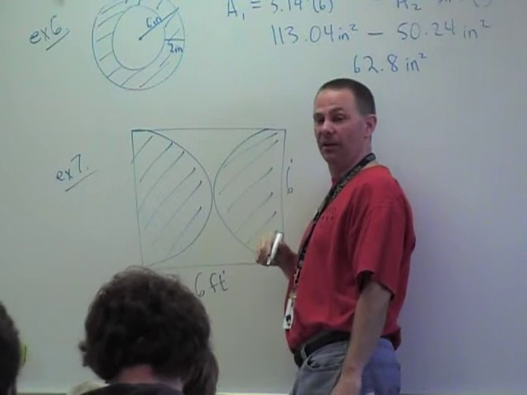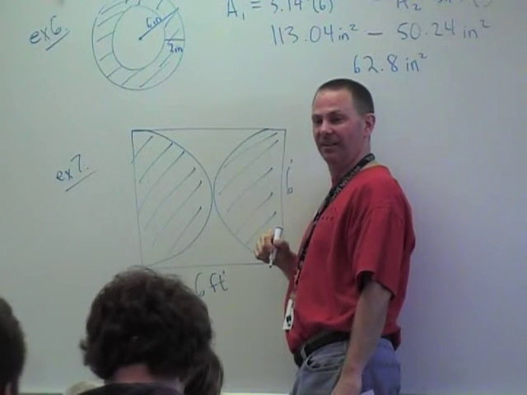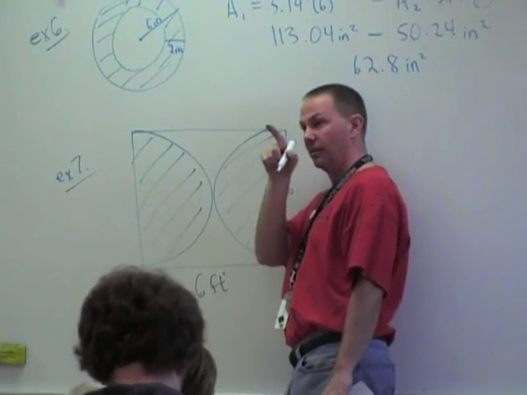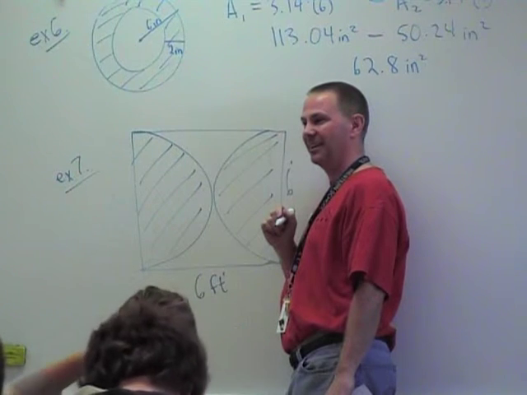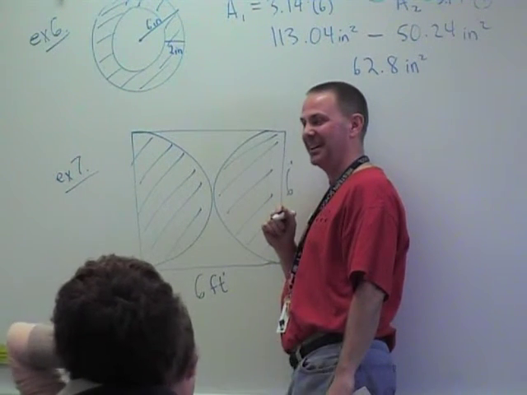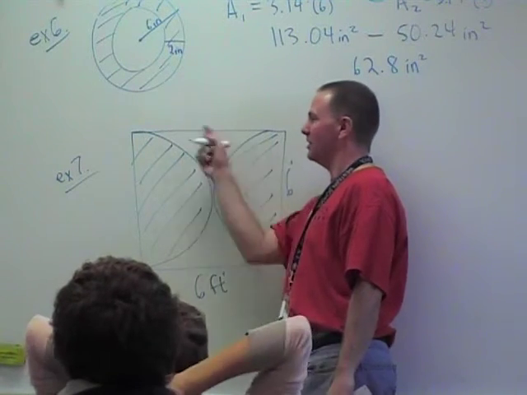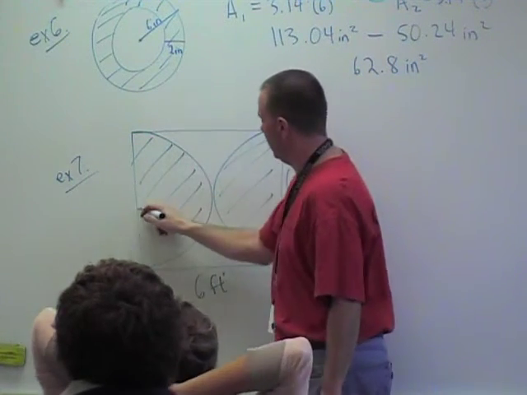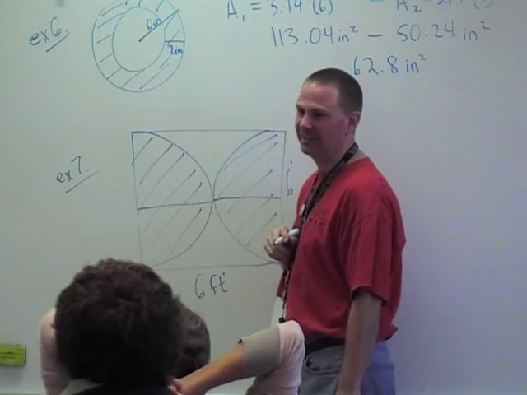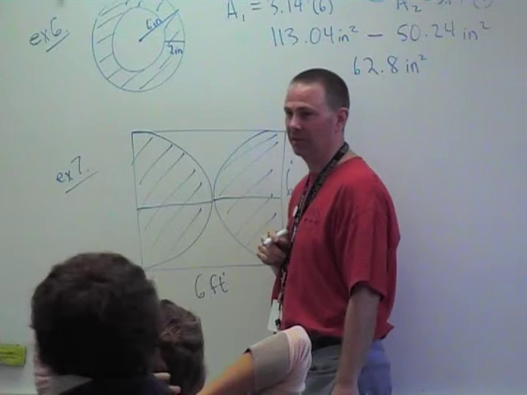So we're just finding the area of a circle, right? How do I know that these 2 halves make a perfect circle? Because this is a square. So the radius on this circle is the same as the radius on that circle. Good job. Okay? What is the radius?